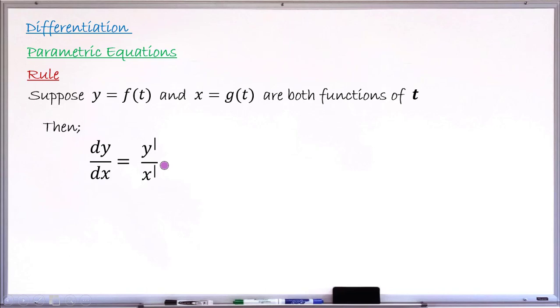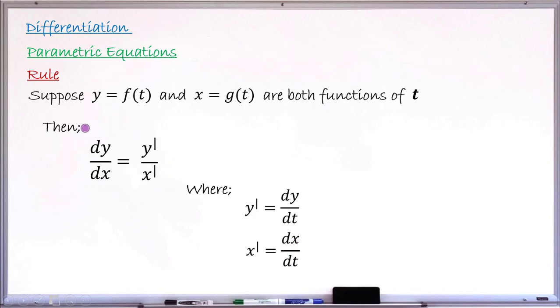What you have after simplifying is the dy by dx of these parametric equations. Like I have said, your y prime is nothing but dy by dt, the derivative of the function y in terms of t, and x prime is nothing but the derivative of the function x, so x prime is equal to dx by dt.